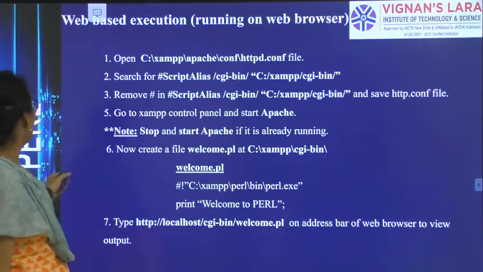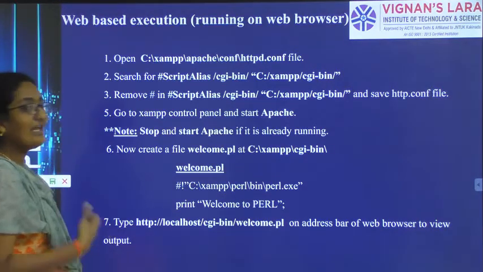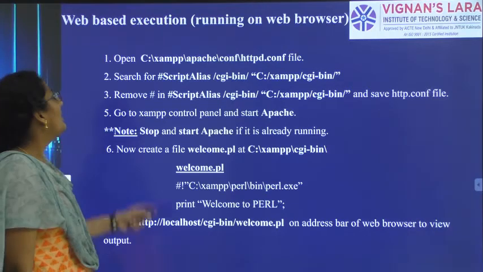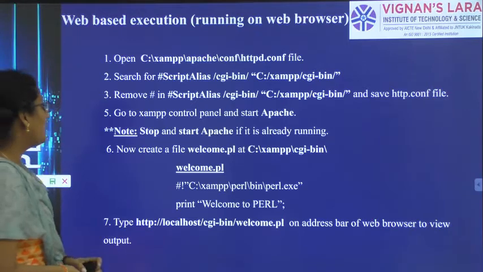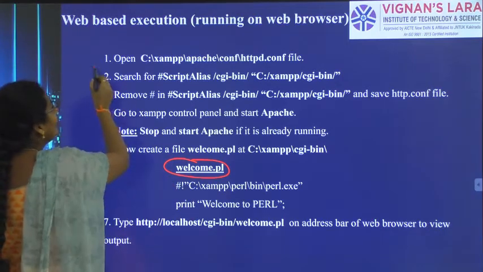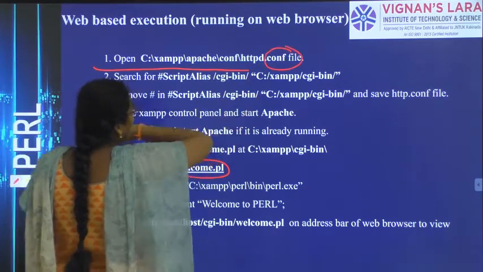The second way is web-based execution, meaning execution on a web browser like Google, Yahoo, or Bing. So we are executing the parallel programs in the web browser now. For that you need to create the file welcome.py, and open the C drive, XAMPP folder, Apache folder and find the config file.